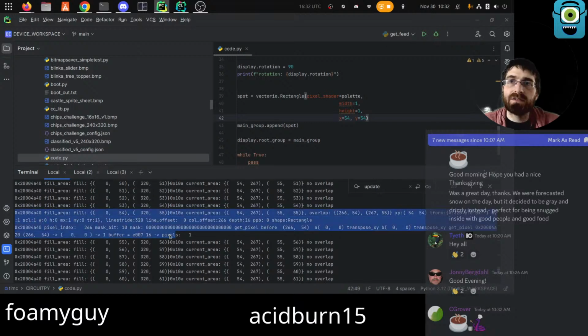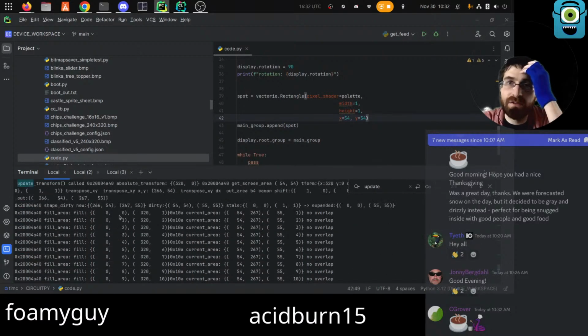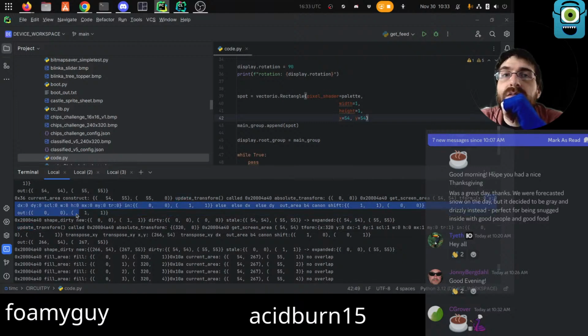Actually got some action inside of there. I guess, oh, because I did 55 or whatever. So this is like scanning down the screen, I guess. Which makes sense, I suppose, because I think fill area does do one line at a time. So there's the weird one with zeros. Okay, yeah. Always 320.